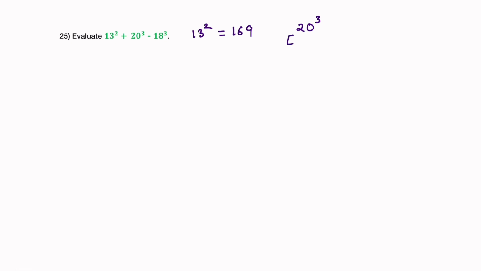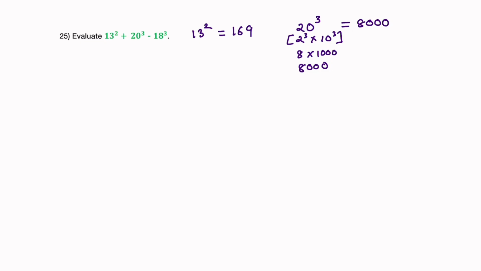So 20 is 2 times 10, right? So then 2 cube times 10 cube. 2 cube is 8 times 1000, right? So that's 8,000, right? So 20 cube is 8,000. So something that we learned in the previous question, we are using it here.